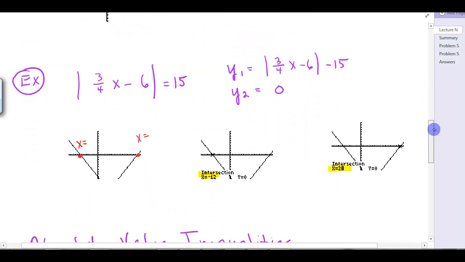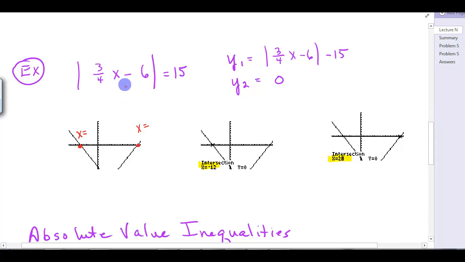So let's look at this one. Same way, I put y1, my absolute value, minus 15 and 0 here. I got this picture. You might have to change your window a little bit to be able to see those. So just adjust, but you want to look for these x values here. If you do second calc intersect, you're intersecting this line, which is y equals 0, and your curve, which is the absolute value.